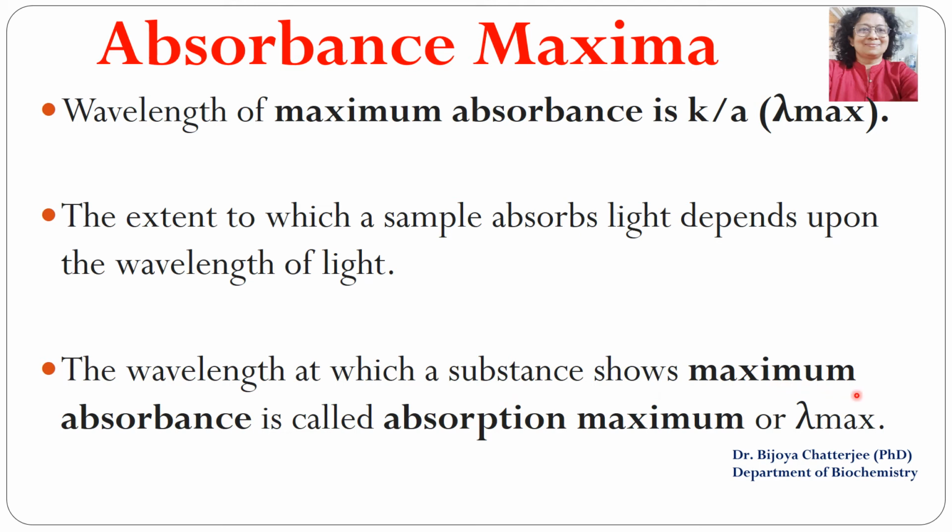So if you take any one of the KMnO4 dilutions, find out its absorbance at different wavelengths and see at which wavelength it absorbs maximum light, that wavelength will be called absorption maxima or lambda max for KMnO4.